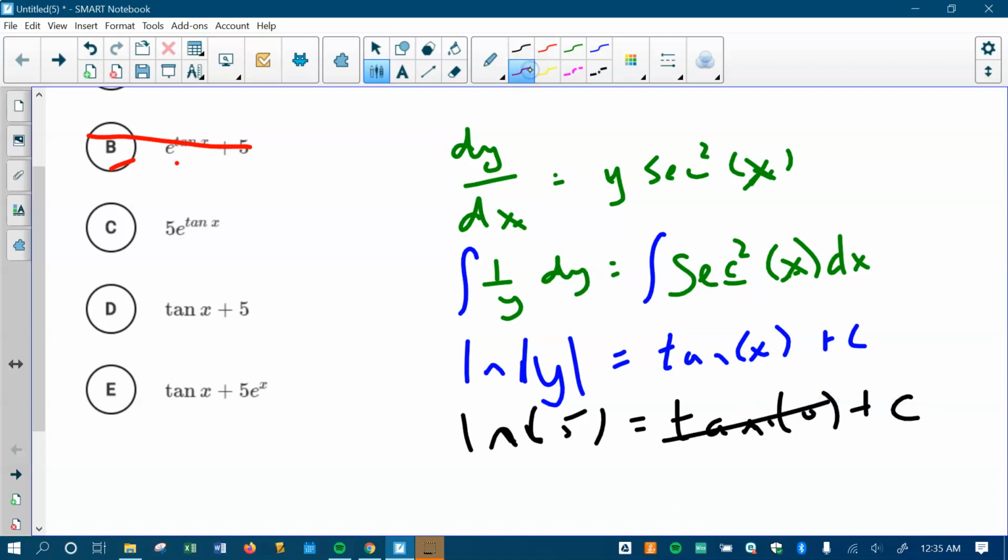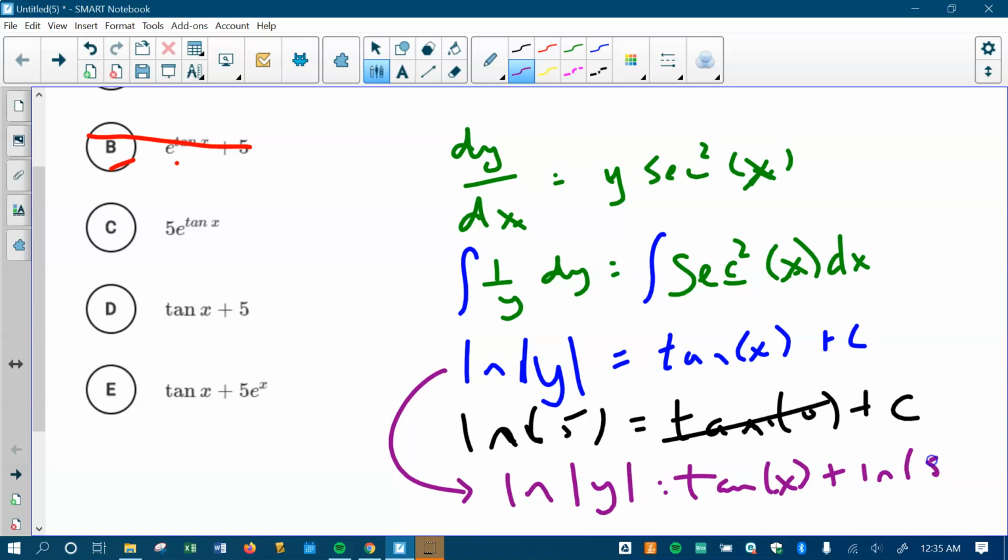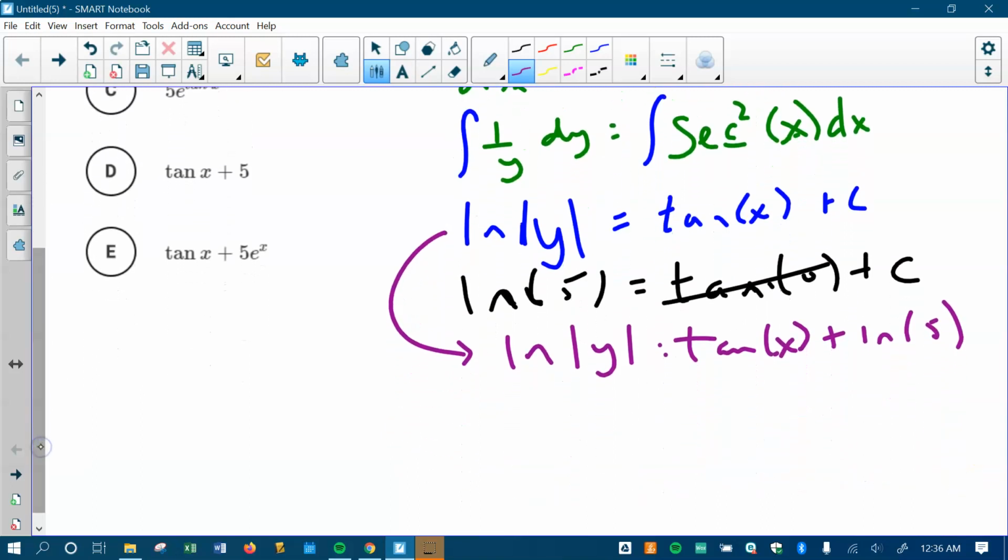Hooray! So now you can take that and plug it back in here. Natural log of the absolute value of y equals tangent of x plus natural log of 5. And now we need to drop the ln to solve for y, so we're going to exponentiate.